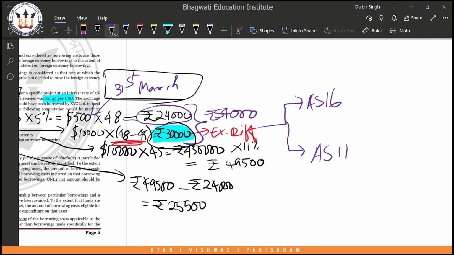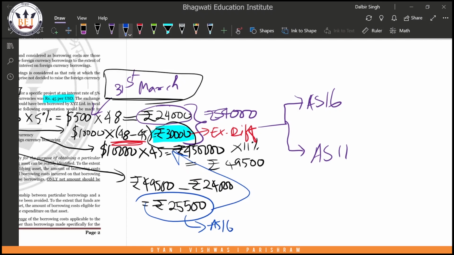I have a total exchange difference of 30,000. Now AS 16 says that to the extent the difference between the INR currency interest and the foreign currency interest is less than the exchange difference, which means if this amount, which is 25,500, is less than 30,000, this whole 25,500 will be considered as interest.